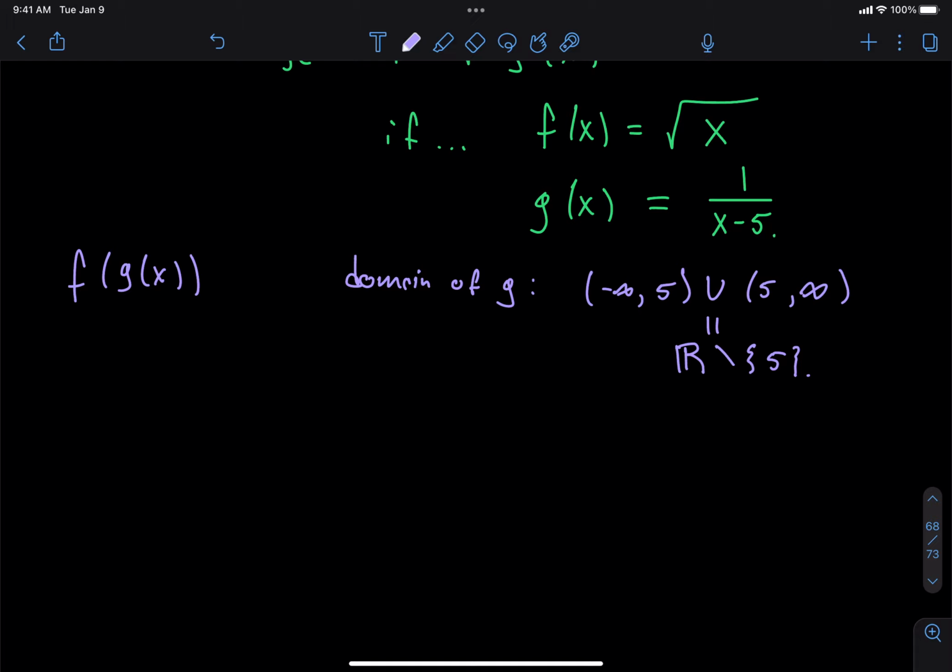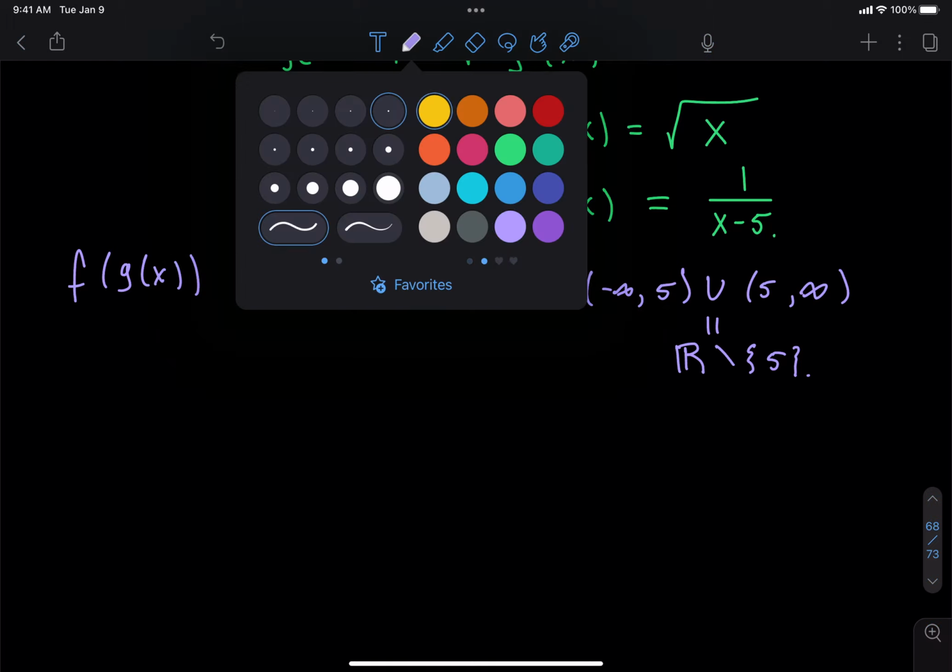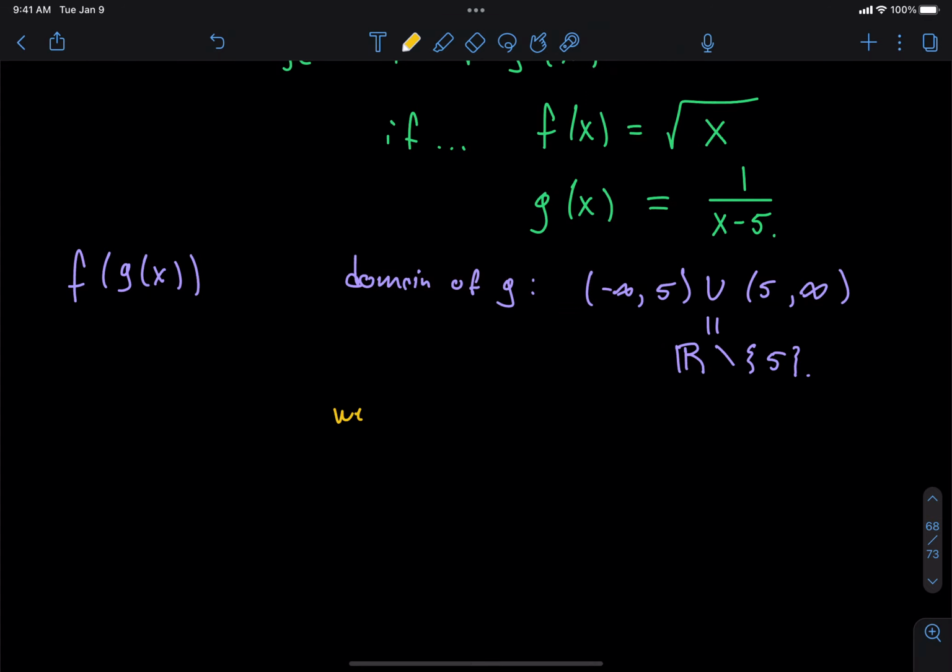So now we need to consider, why don't we talk about the domain of f first? Okay, let's talk about the domain of f. All right, what do we think for the domain of f of x? Yeah, 0, comma, infinity.